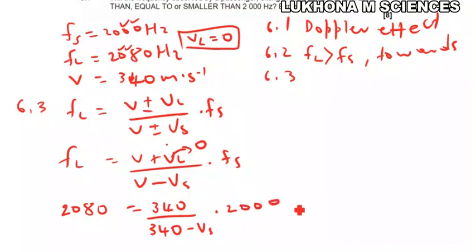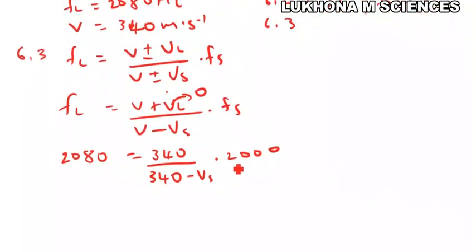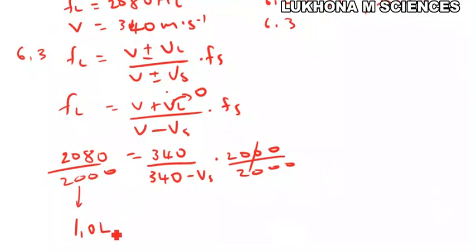As I said in the first question, we first divide by this one. Always when we are looking for this one, divide by this one. So let's press the calculator here. The answer here is 1,04, which is equal to 340 divided by 340 minus Vs.